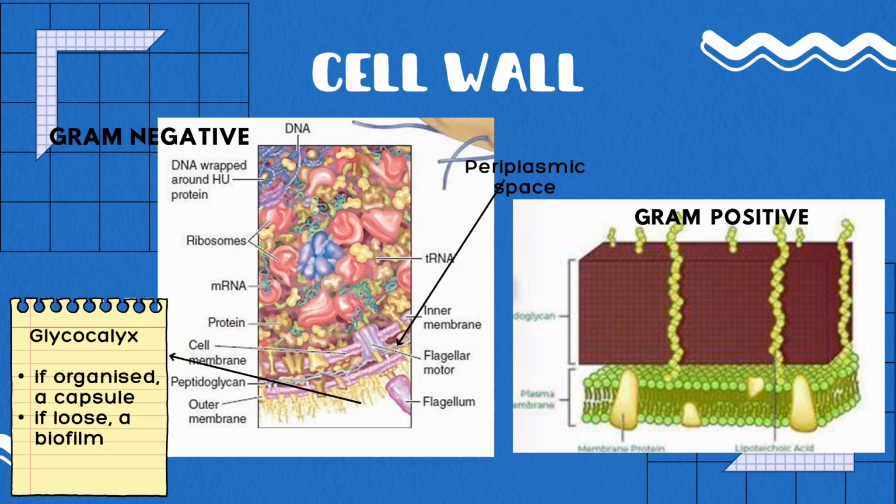This is actually what causes tooth cavities: the bacteria settle on your teeth and use the glycocalyx to stick to them, and over time they produce more carbohydrates, and these carbohydrates and enzymes start to degrade your teeth and cause cavities. So this is the purpose of the biofilm.